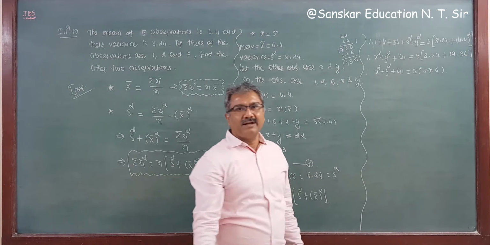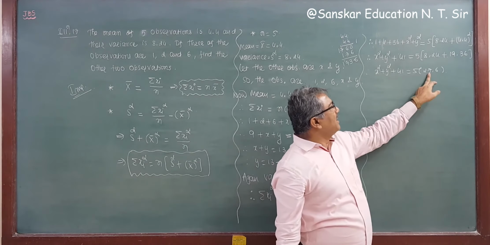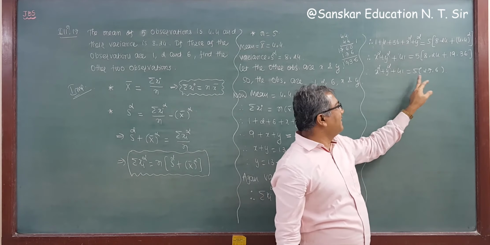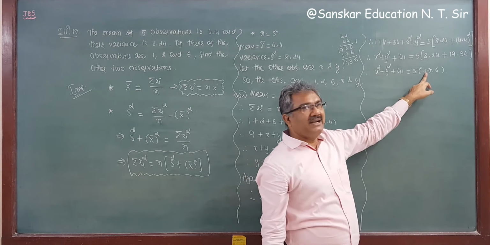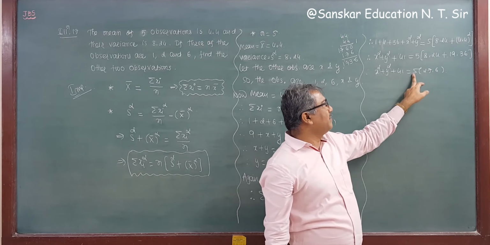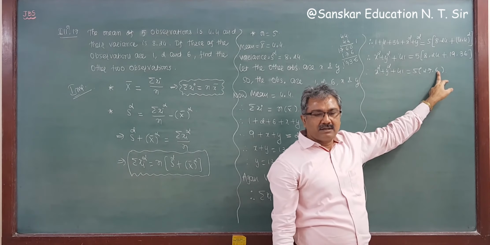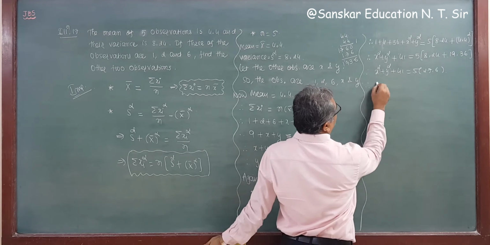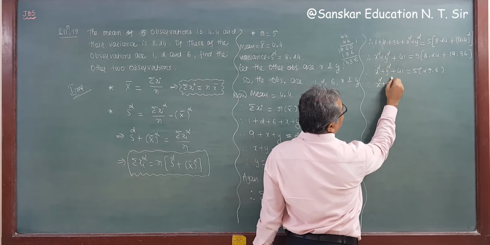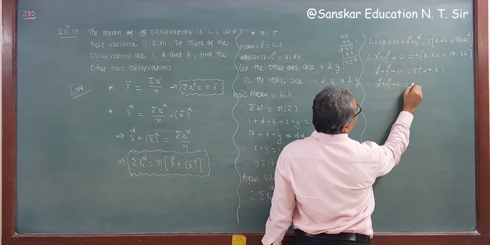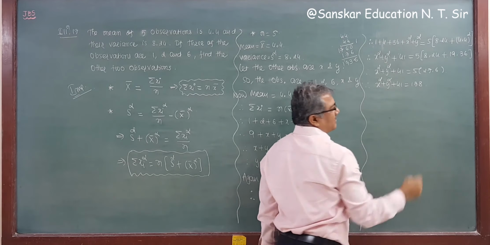Now multiply this 27.60 with 5. So 5 into 20, 100, plus 35, 135, plus 3, that is 138. So x square plus y square plus 41 is equal to 138.